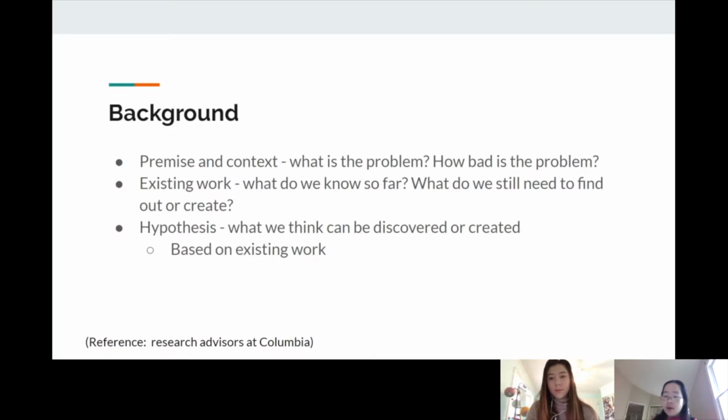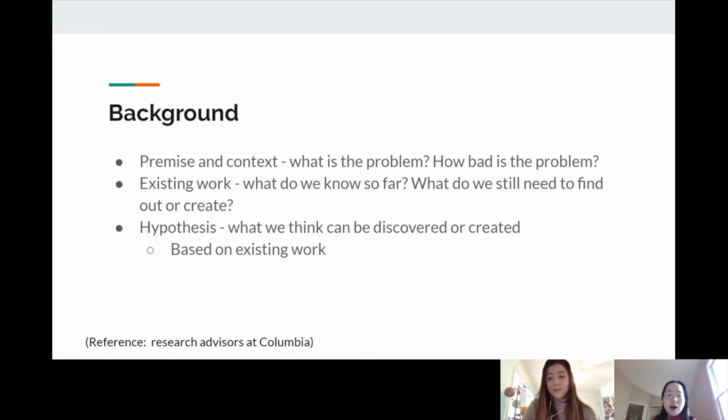So what exactly is the problem you're trying to approach, and how bad is the problem? That's a very informal way of saying how severe is this problem, and it kind of hints at the significance of the issue that you're trying to approach.